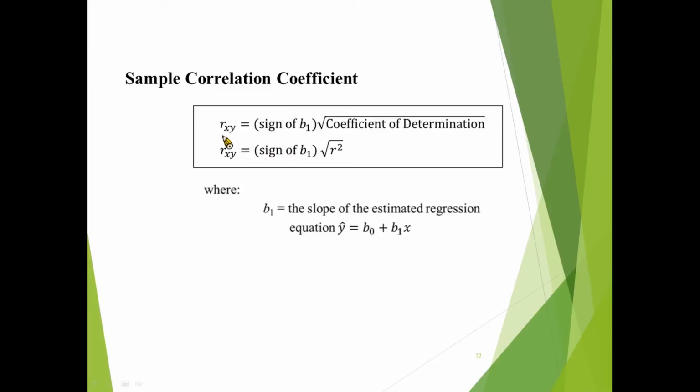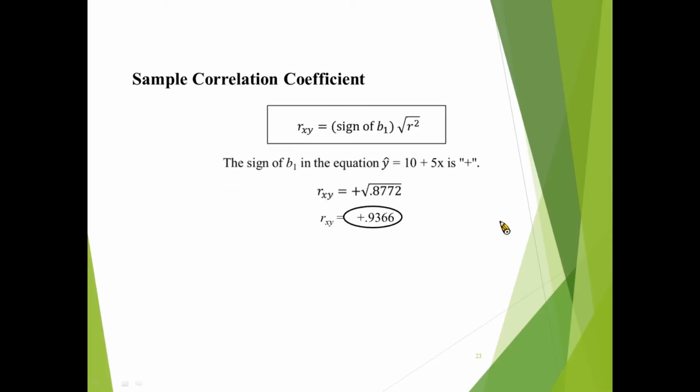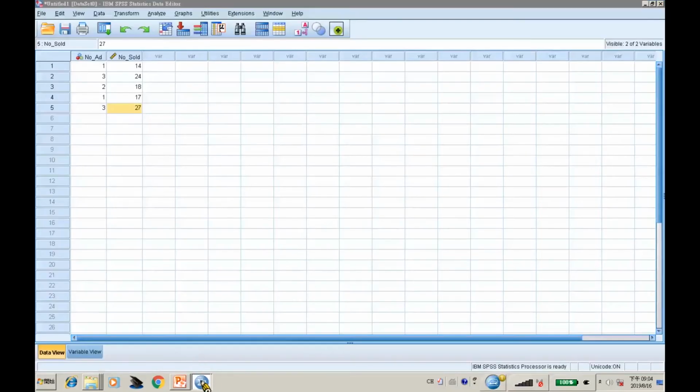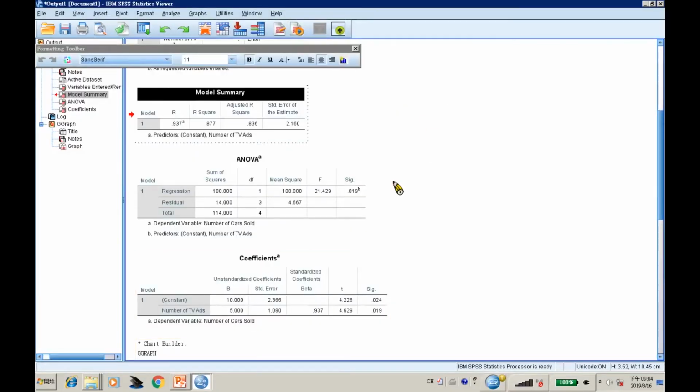So we can see they have the correlation, okay, so this is the correlation coefficient. You can see in here. We can check the relationship.